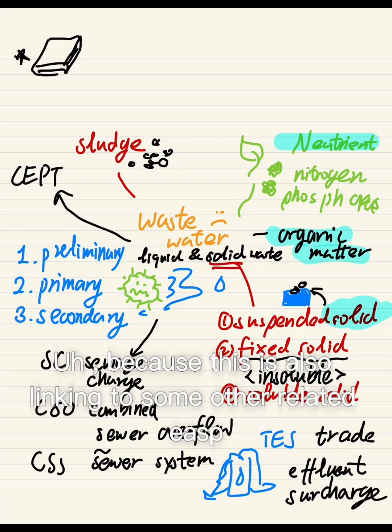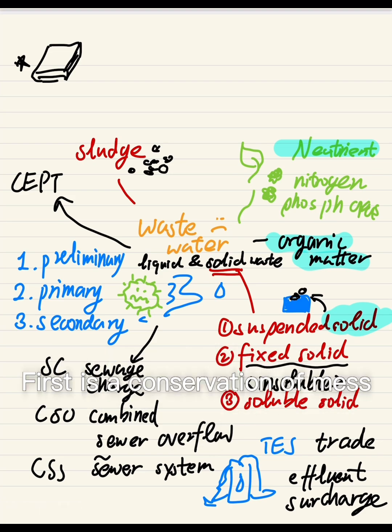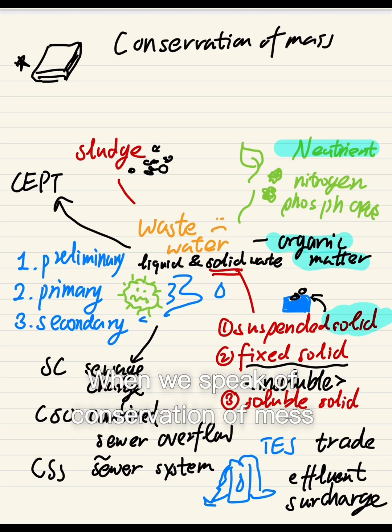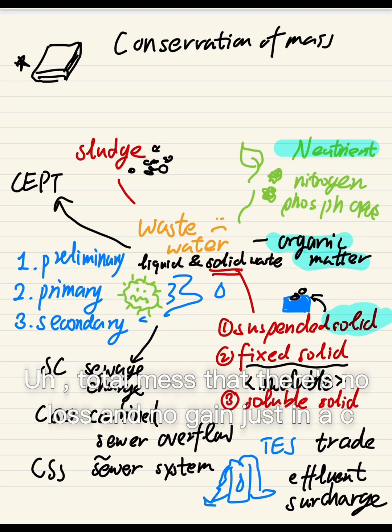This is also linked to some other related aspects. First is conservation of mass. When we speak of conservation of mass, it is related to total mass, where there's no loss and no gain, just a complete system.